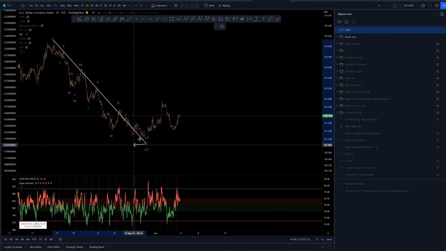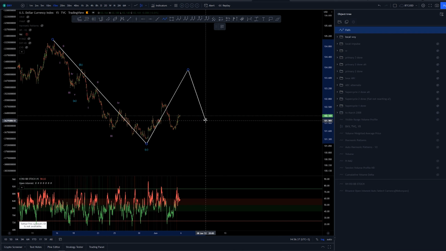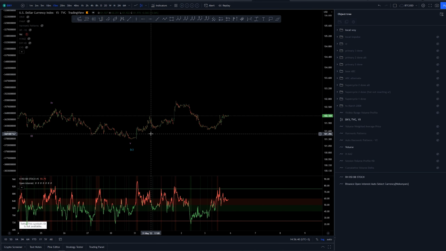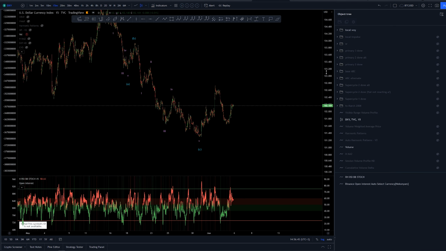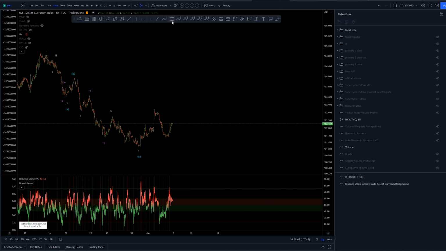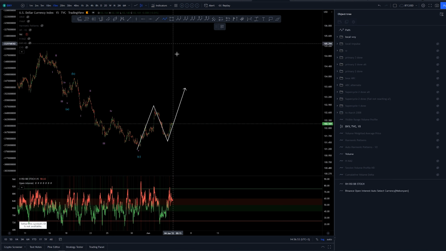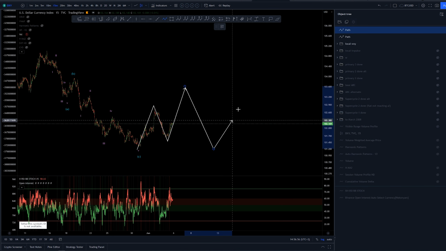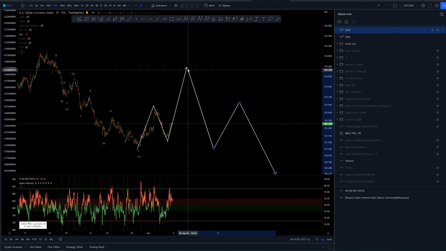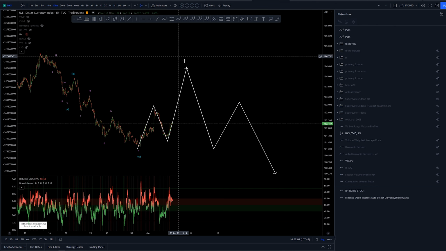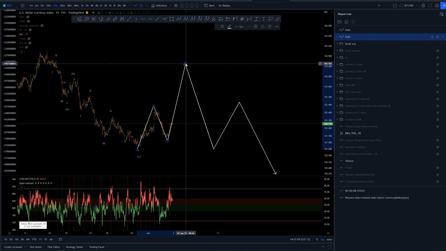So basically, if this is completed, we would like to see five waves up, then three waves down. But again, this structure does not really look like a typical five-wave structure. Instead, it looks more like a three-wave structure, which could indicate that we have some kind of three-wave pattern coming here, and then another three-wave pattern coming down, depending on how high we get with this leg. Whether this is going to be an overall A, B, and C correction, or WXY, depends on how high this is going to be coming to.